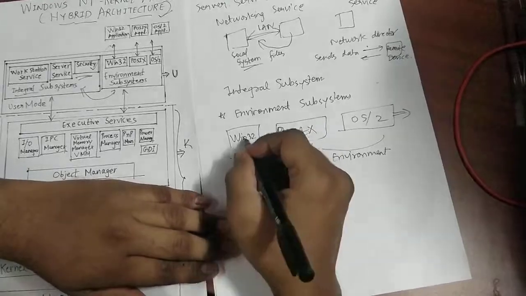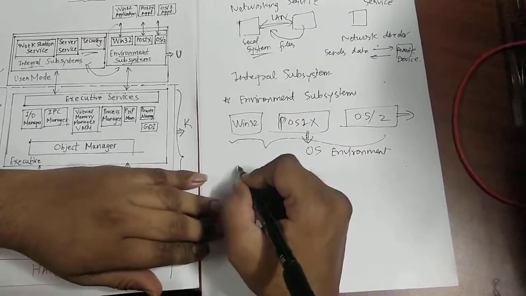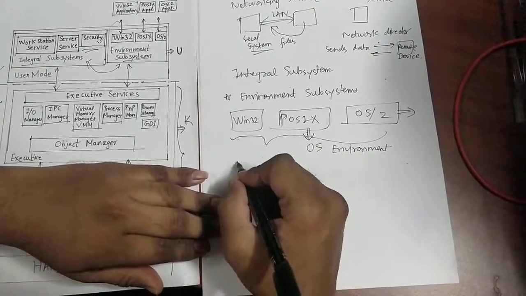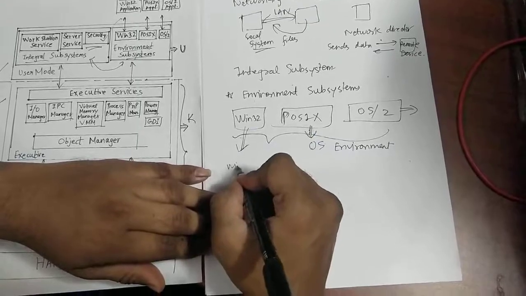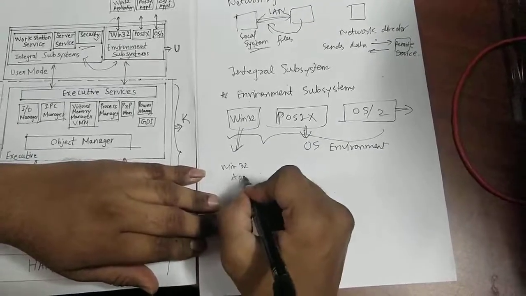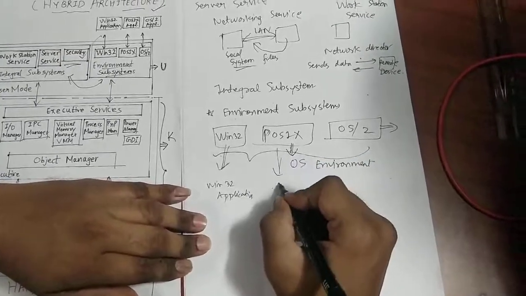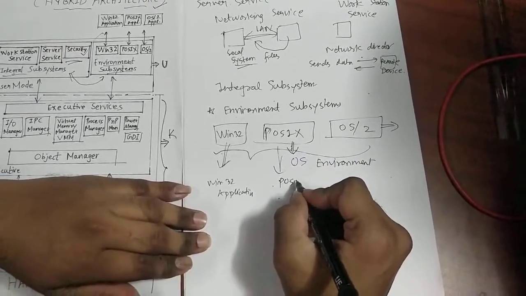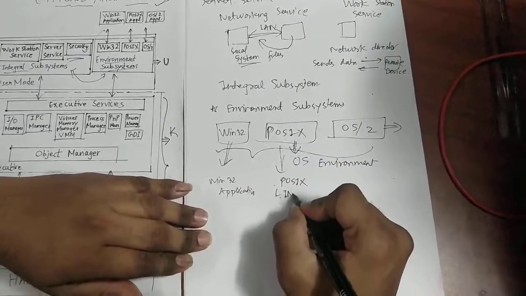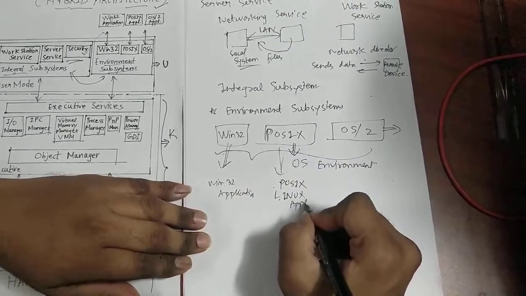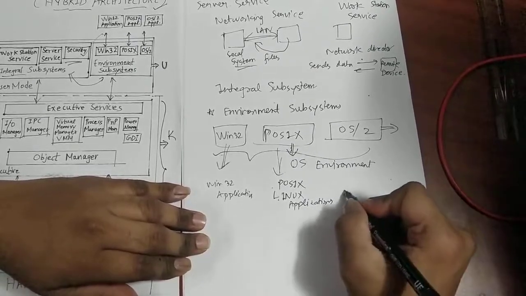User mode allows different applications from different OS environments. For example, Win32 will run Win32 applications. POSIX will run POSIX or Linux applications, nowadays renamed to Linux, in the Windows environment.